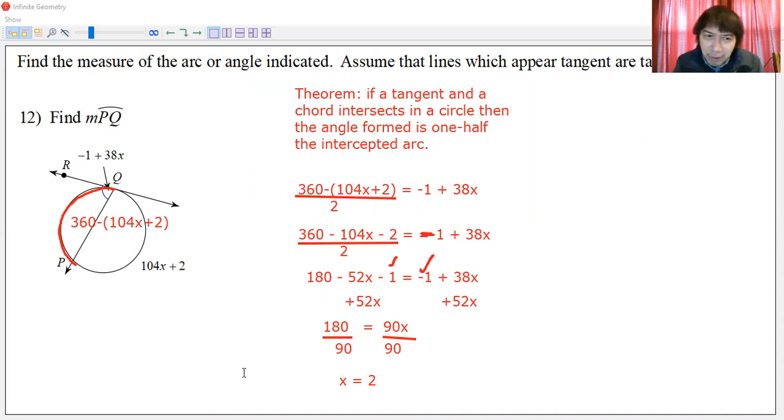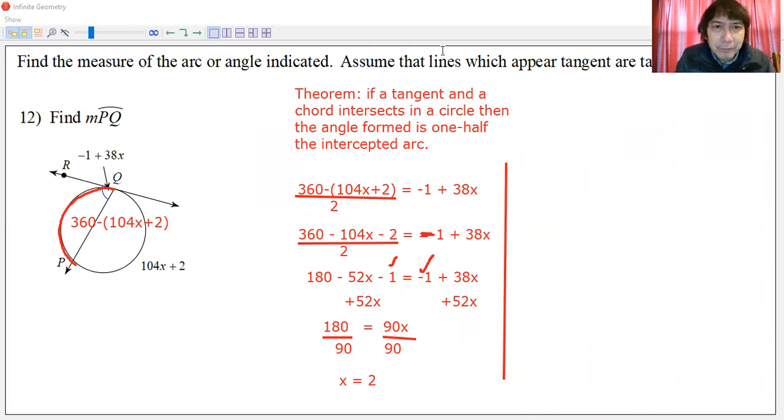Let us start with the given 104x plus 2, because there's ambiguity here. Because there are only 2 letters on the circle, and the letter R is a point not on the circle, there are 2 arc PQs. So let us go for the one with the expression first.